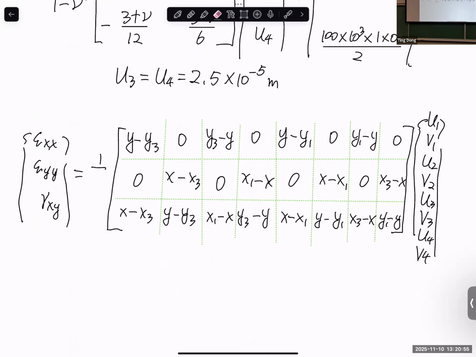One over 2A, with A equal to 1. And also you need to plug in the corresponding coordinates.